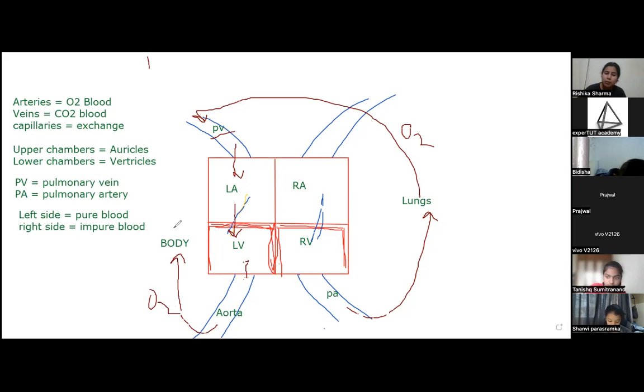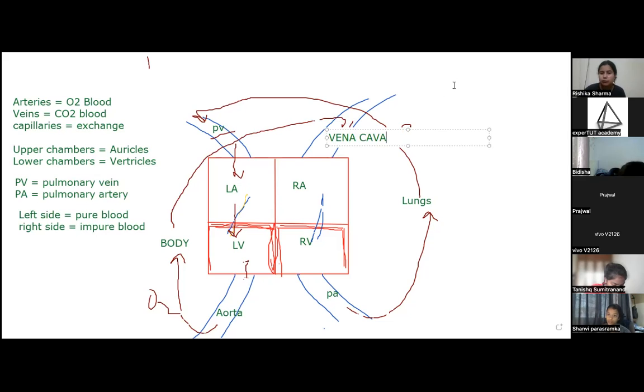Now from the body, after picking up from the cells and the tissue, your blood comes into this vessel, and this vessel is known as your vena cava. I will write everything for you, don't worry. Maybe I'll also share a PDF of this with you, okay?